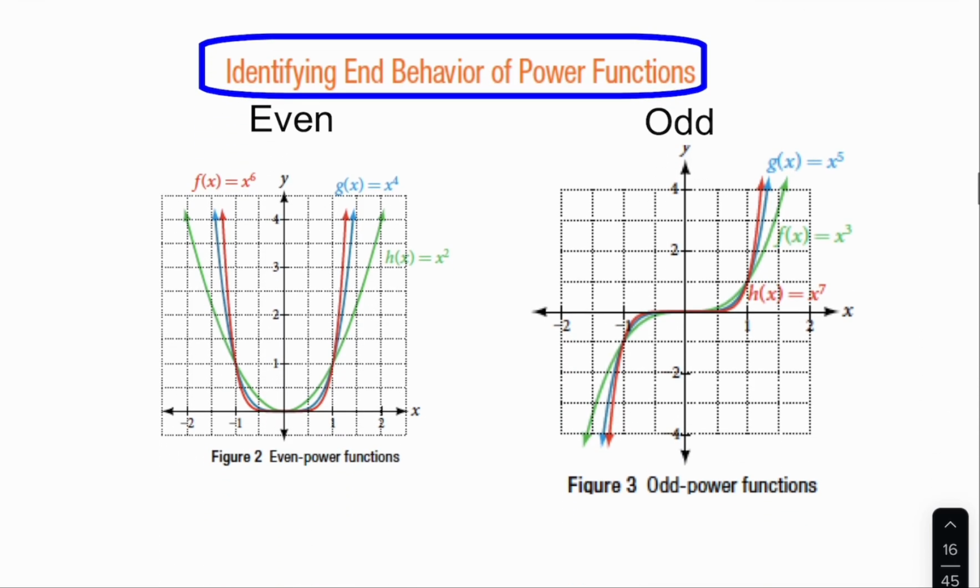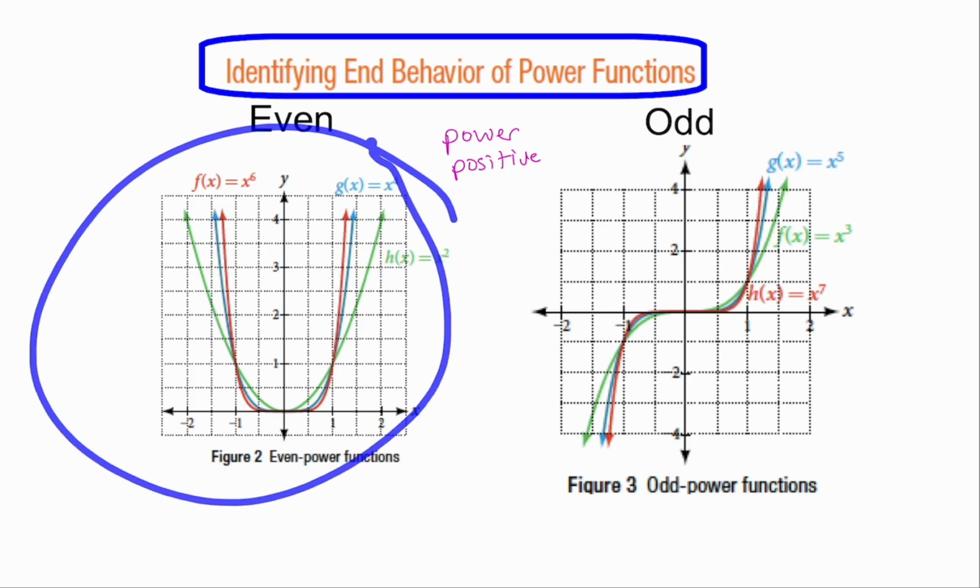Now, power functions are really interesting because if the function is an even power function, then both ends are going to be going in the same direction. Now, I want to just start with ones where the power is positive. If it's a positive even, then both ends go up or both ends go down.